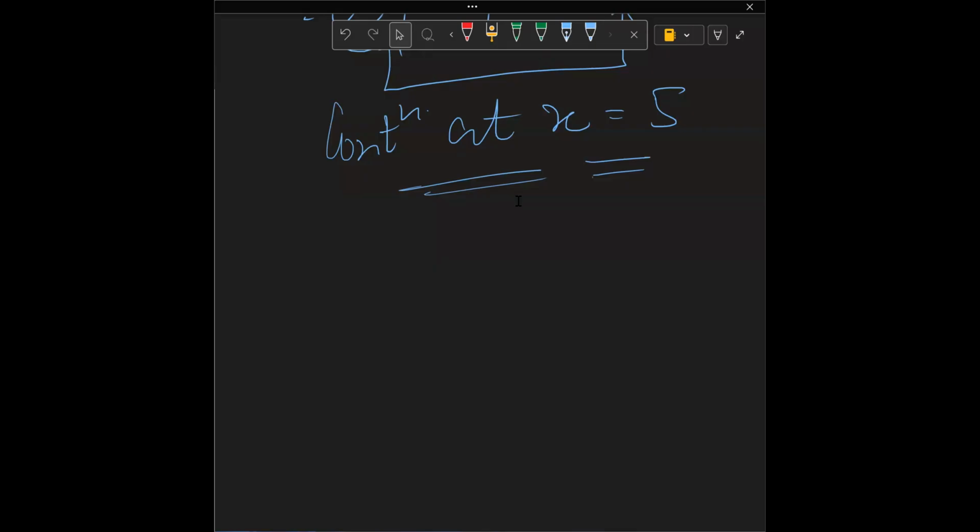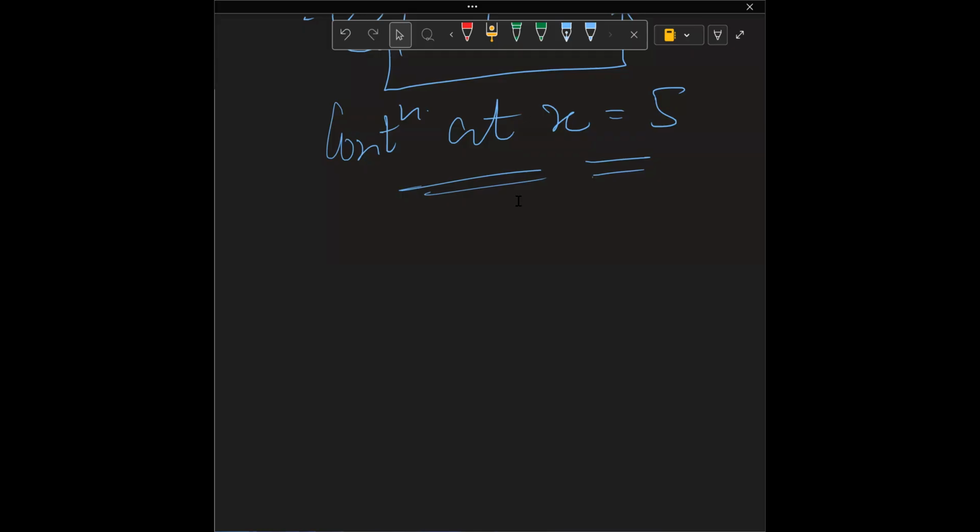Done? It is continuous at x equals minus 3. Okay, so now solve question number three from your textbook.